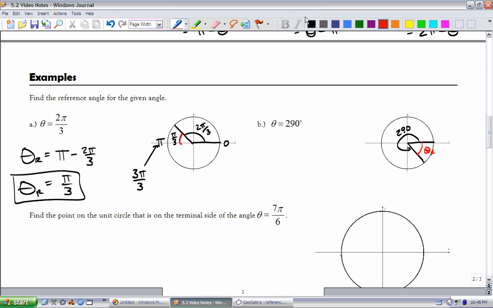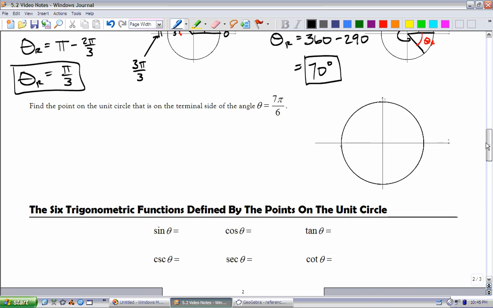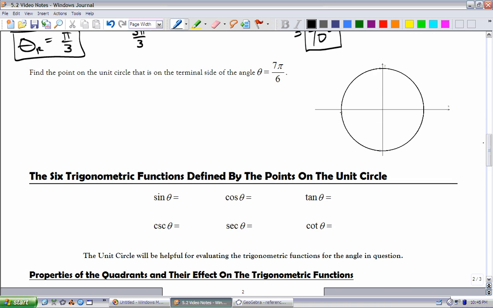What we can do is say the reference angle in this case is going to equal 360, because we're in degrees, minus 290. And so you find out that your reference angle is equal to 70 degrees. Reference angles play a huge role in understanding the graphs of sine and cosine, tangent, etc., as we go.